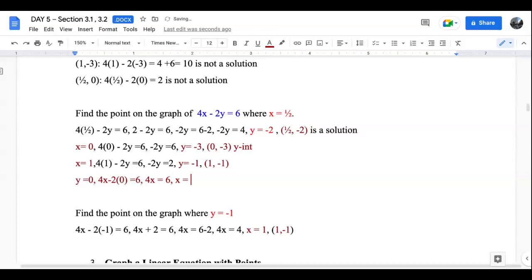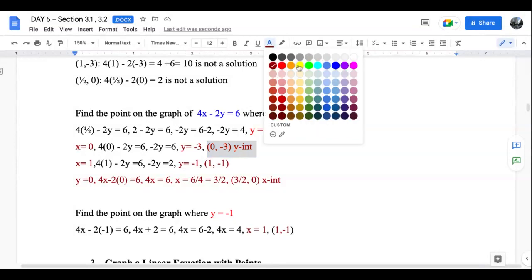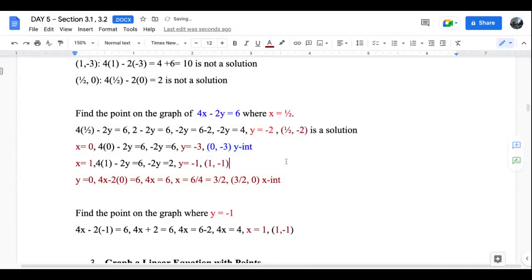We divide by 4, so x equals 6 divided by 4, which simplifies to 3 halves. So this point has x value 3 halves and y value 0. This one is called the x-intercept, because the y value is 0. We like to use those 2 special points.